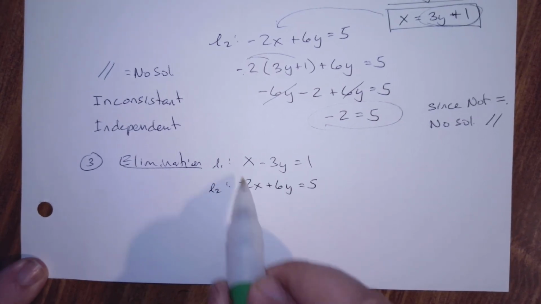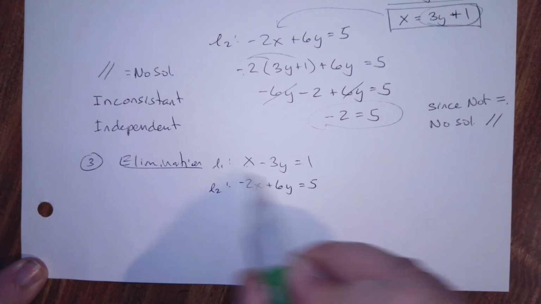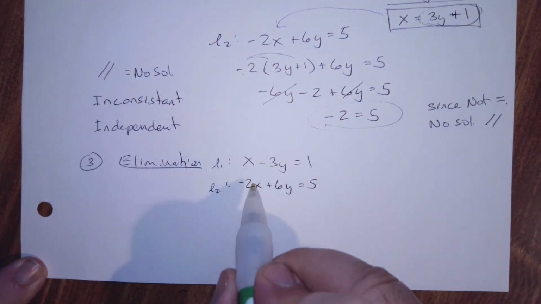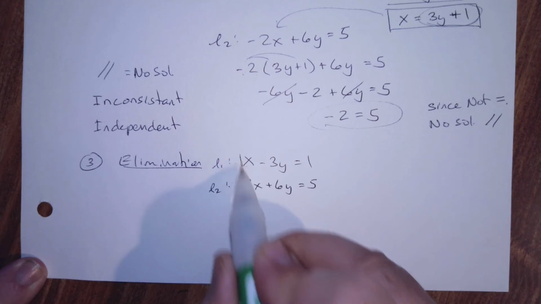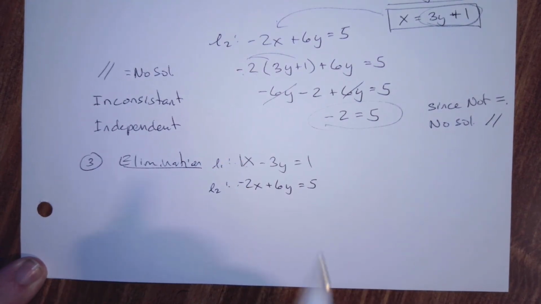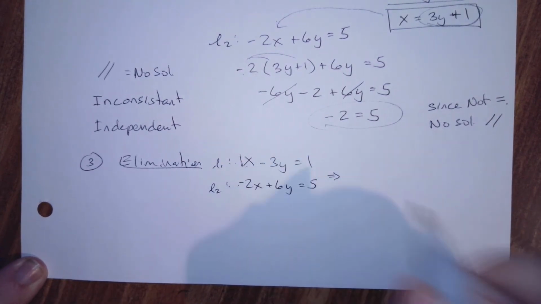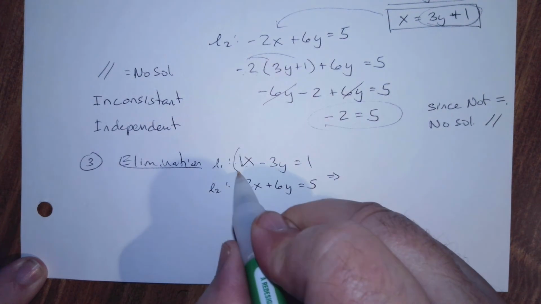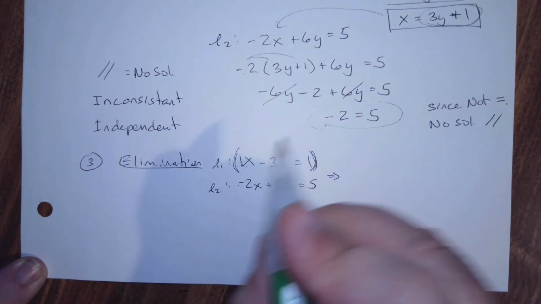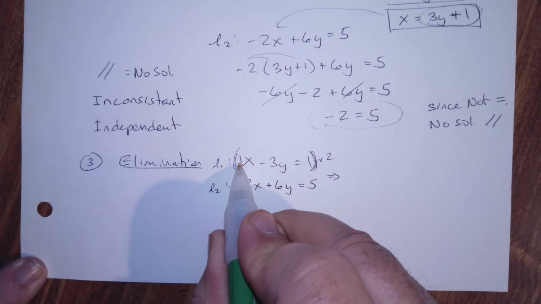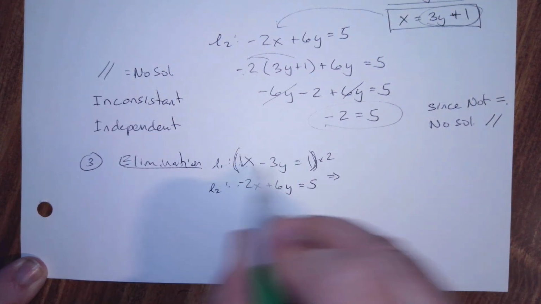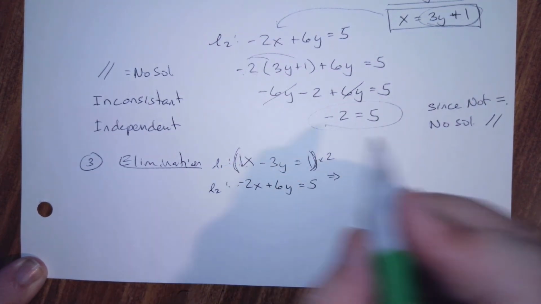They have different signs, check, but they have different coefficients. So what I have to do here, I have to take all of line 1 and multiply it by 2. I need to get the first one to be a 2, so whatever I do to 1, I have to do it across the board.